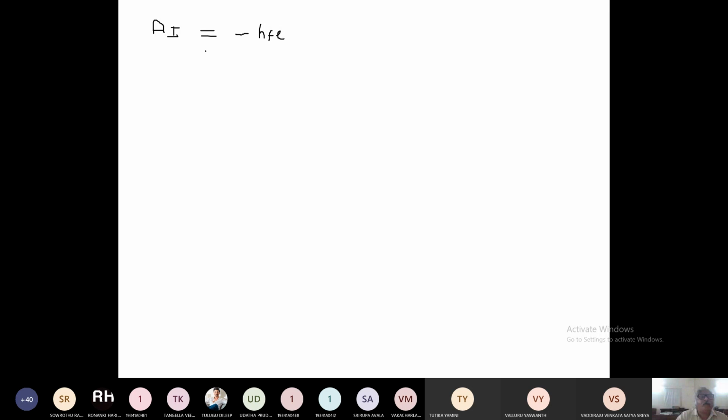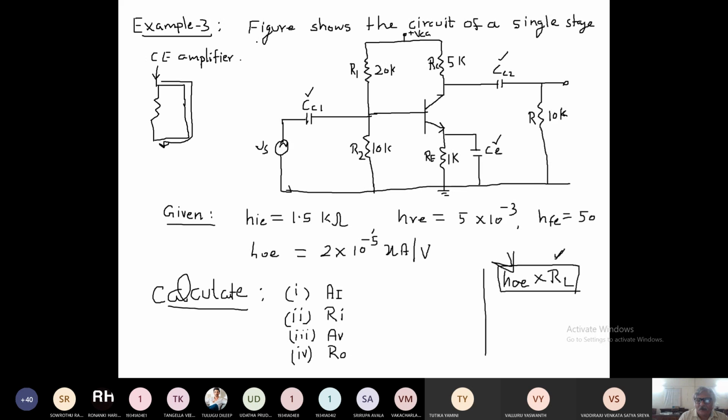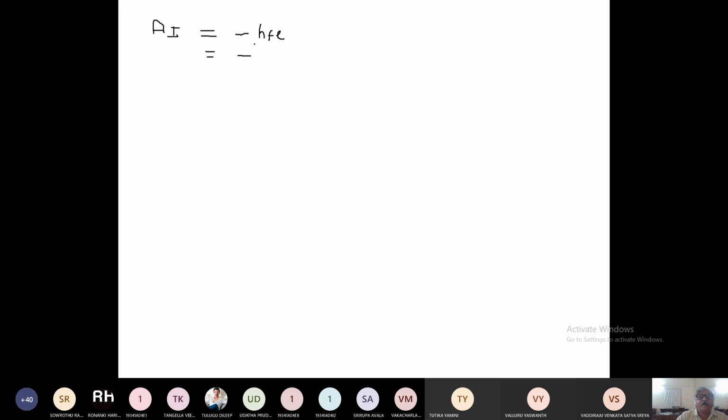This will be the value of AI. You can find HFE is 50, so it will be minus 50. So this is our AI. Right? Then we will see.